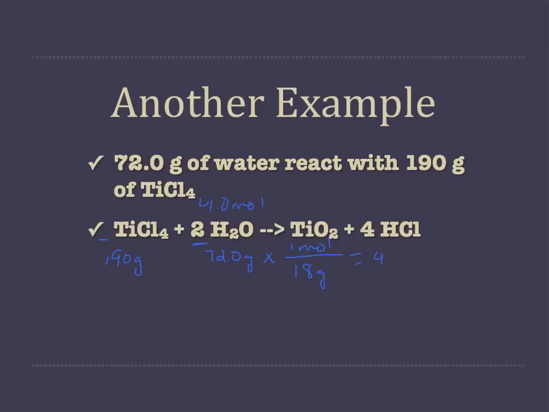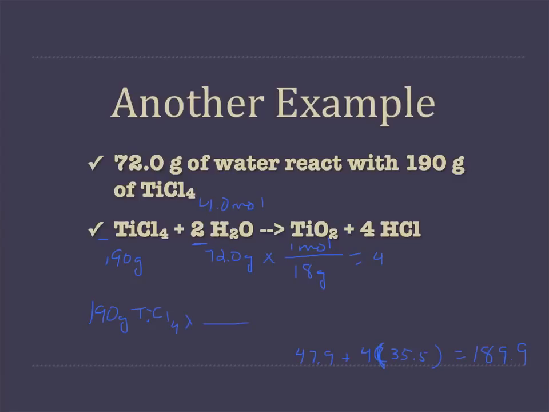And if we do the TiCl4, 190 grams: Ti is titanium, which is number 22, and that's 47.9 plus 4 times Cl, each of which is 35.5. That equals 189.9, or we could say 190.